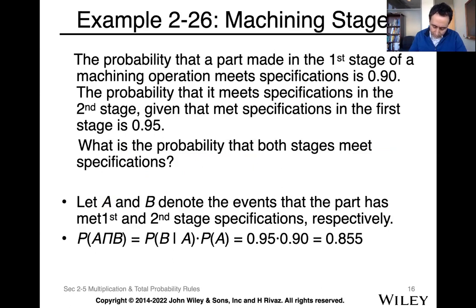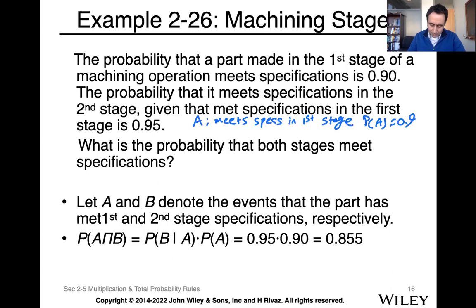So P of A in this case is 0.9. So A is meets specs in first stage, right? And P of A is 0.9.